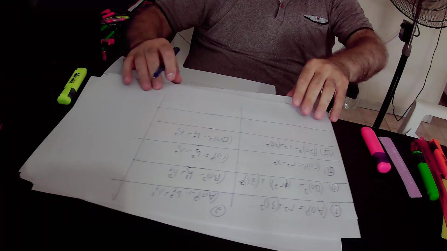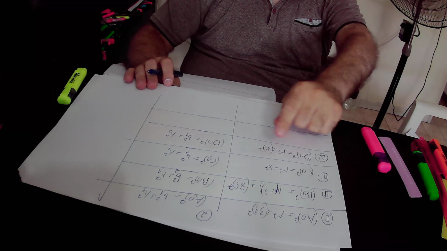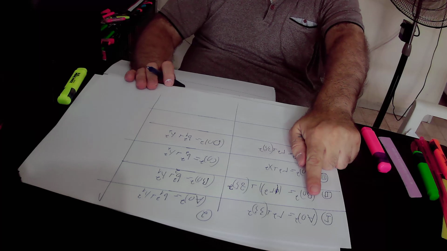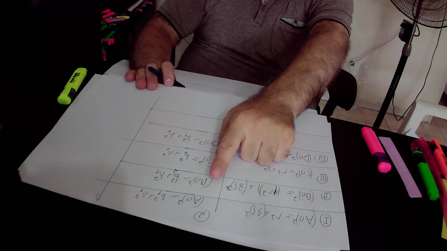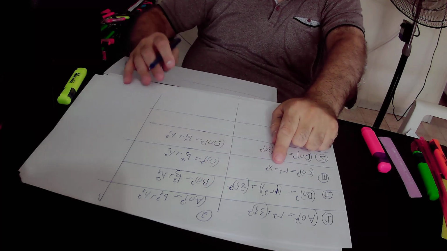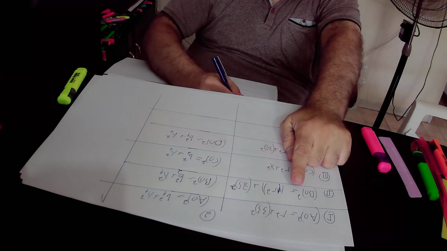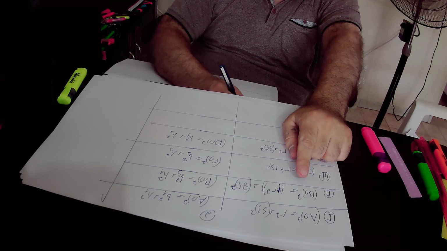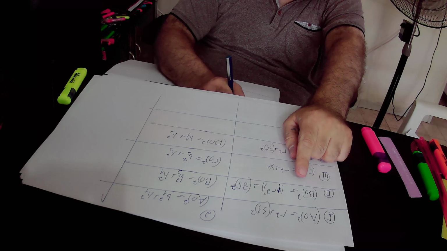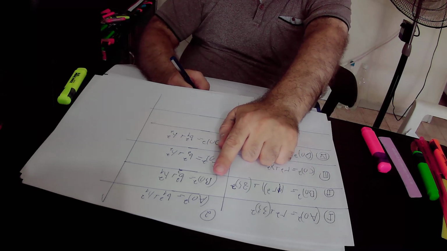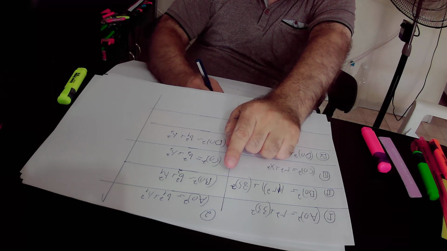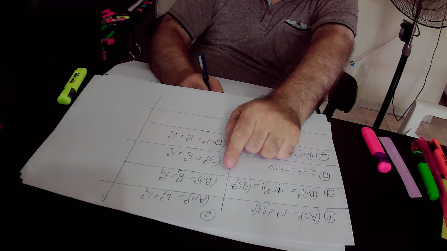Equation number 1 states that AO square, according to this equation number 1, must be equal to AO square according to this equation number 2. AO square according to this equation number 1 is R square plus 33 square, and it must be equal to AO square according to this equation number 2, that is B1 square plus H1 square.